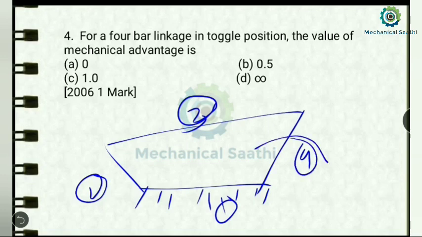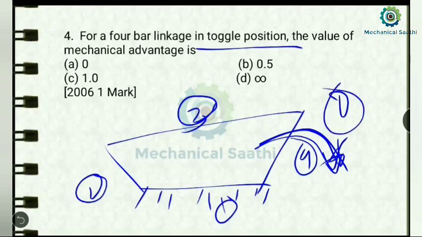Let this be the output link. Then at the toggle position, that means at the extreme position, your output angular velocity will be 0. If the output angular velocity is 0, then something divided by 0 will be equal to infinity over here. So the answer for question number 4 is option D, that is infinity. Okay, now let us move towards the next question, question number 5.